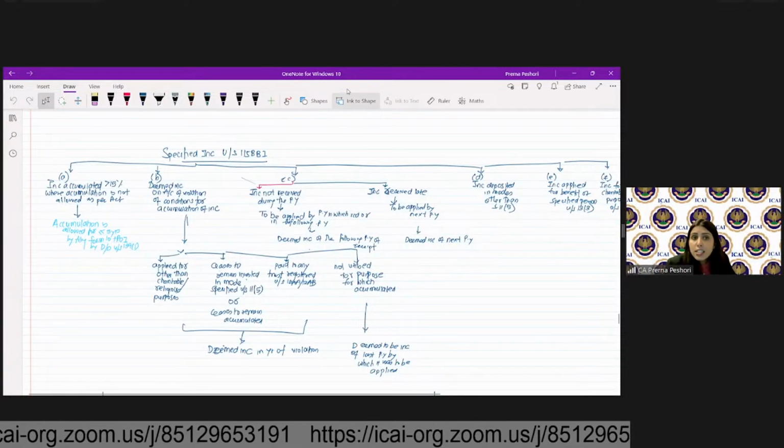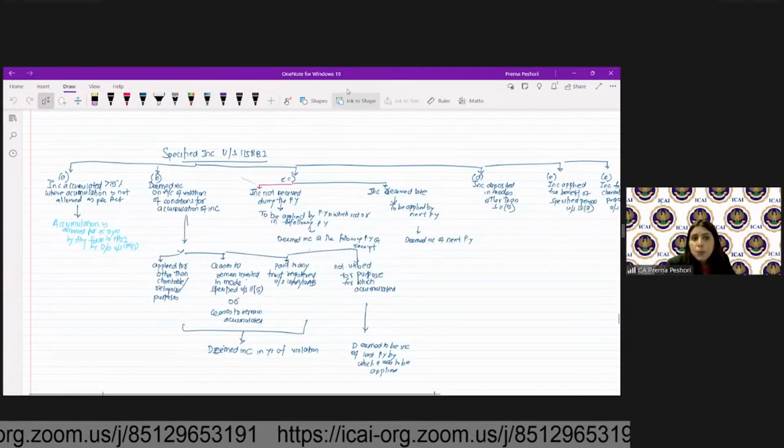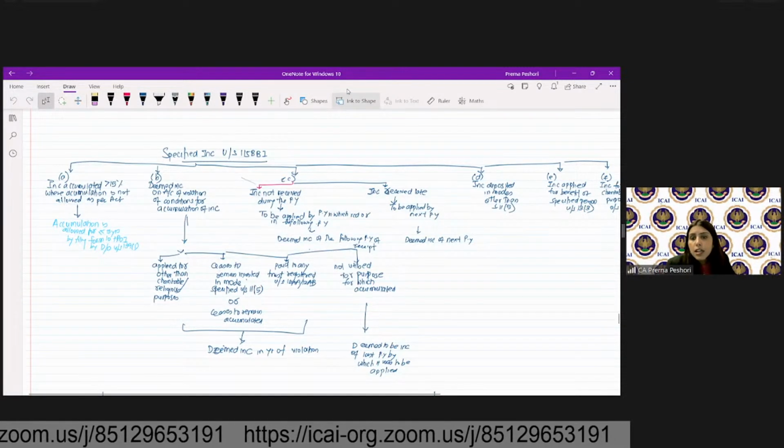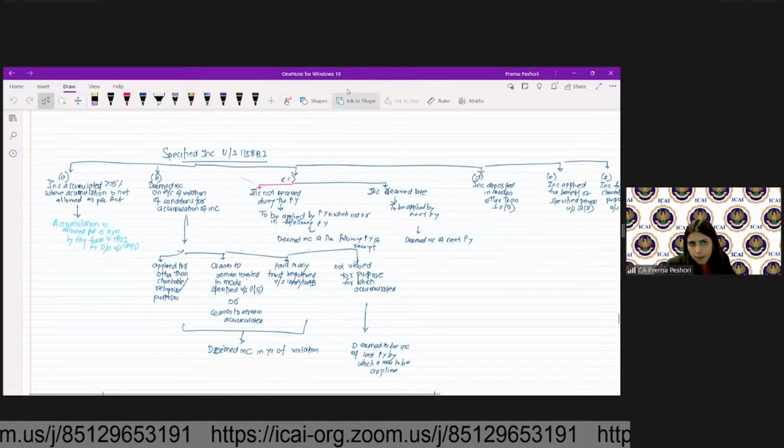So in these particular situations, it would be considered as the deemed income under 115 BBI.